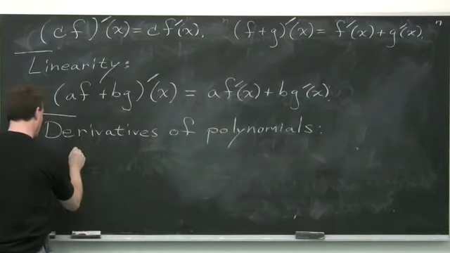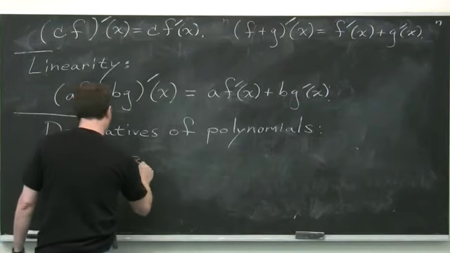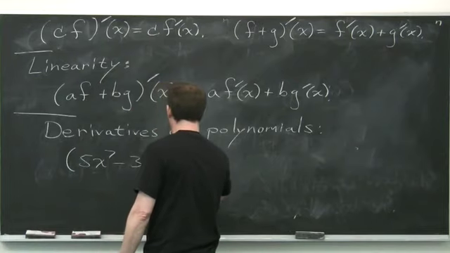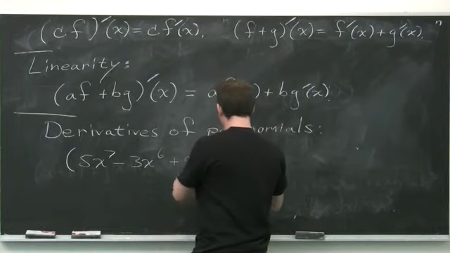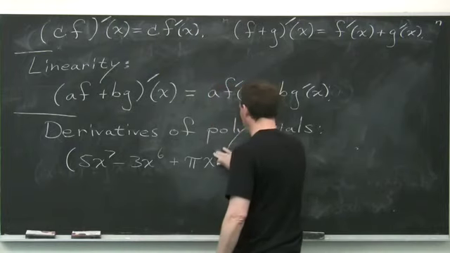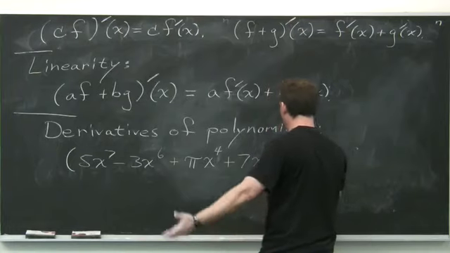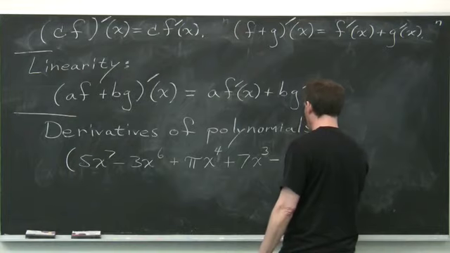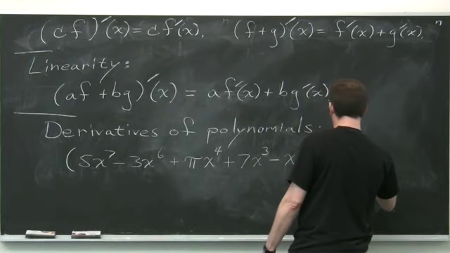Suppose you have, it doesn't matter, 5x to the 7th minus 3x to the 6th plus, I'll leave out an x to the 5th term, how about a plus pi times x to the 4th plus 7x cubed, I'll leave out a squared term, minus x plus the square root of 2. And we want the derivative of all of that.